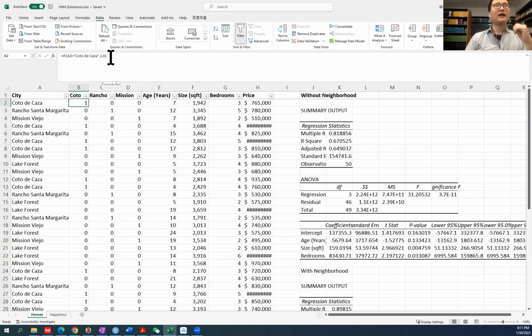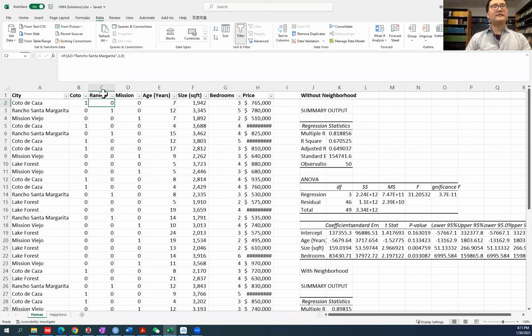So we could use the IF function in Excel to assign 0 or 1 to a case. If the city equals Coco de Casa, we assign value 1 to the house. Otherwise, we assign value 0.